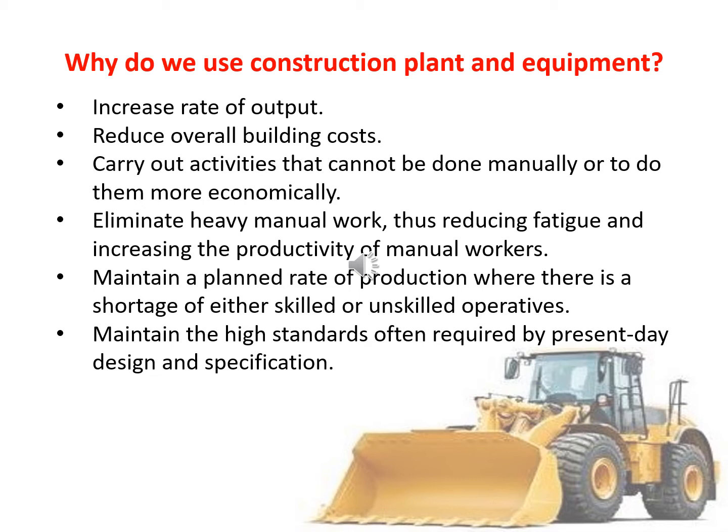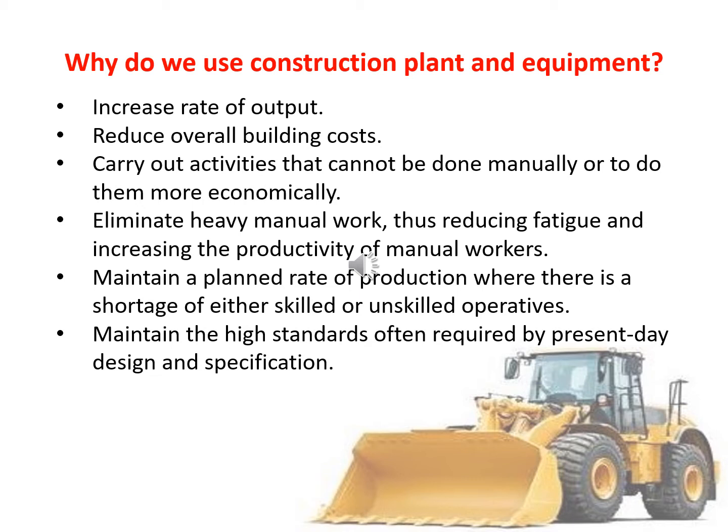It eliminates heavy manual work, thus reducing fatigue and increasing the productivity of manual workers. It maintains a planned rate of production where there is a shortage of either skilled or unskilled operatives. It maintains the high standards often required by present-day design and specification.